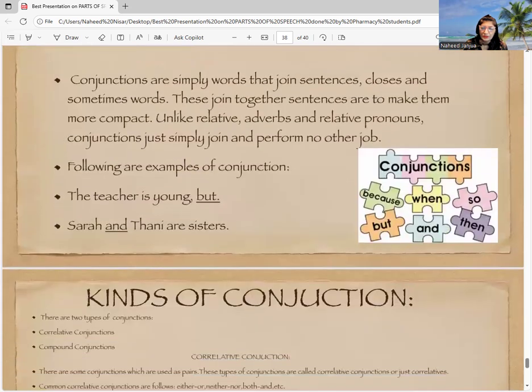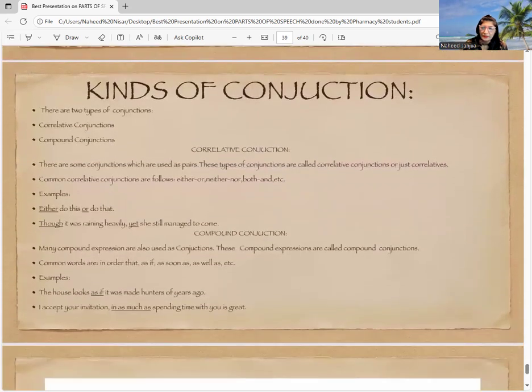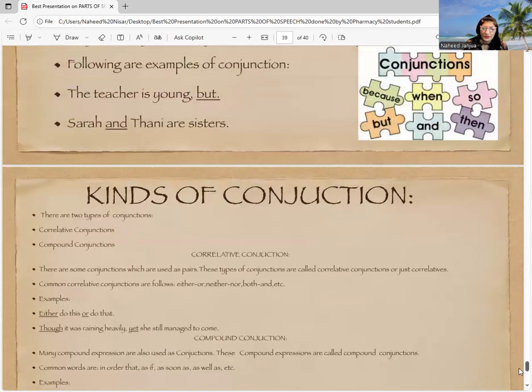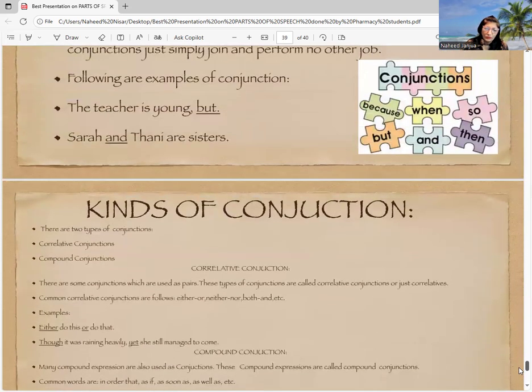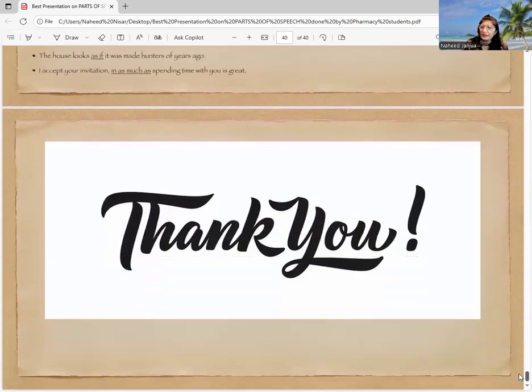Then for conjunctions, kinds of conjunctions are discussed, like correlative conjunctions and compound conjunctions, and they have covered just these two types. Although we can add some more types of conjunctions to this slide, it was good work.